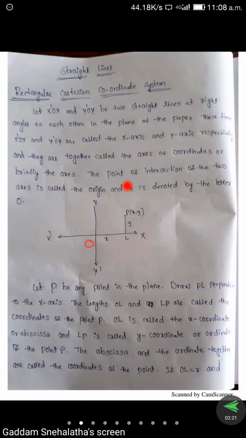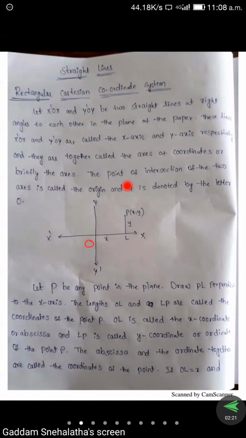The point of intersection of two axes is called the origin. This is the x-axis and this is the y-axis. These two meet, that is intersect, at which point? O. That is called the origin, and it is denoted by the letter O.